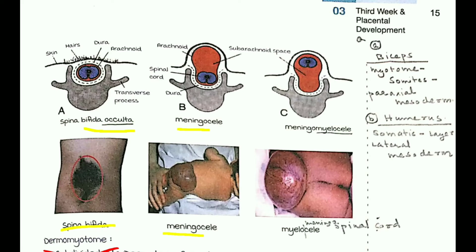The biceps will be formed from the myotome layer of the somite, and the somite is from the paraxial mesoderm, whereas the humerus bone will be formed from the somatic layer of the lateral mesoderm. Such questions come, so we have to know the answer.